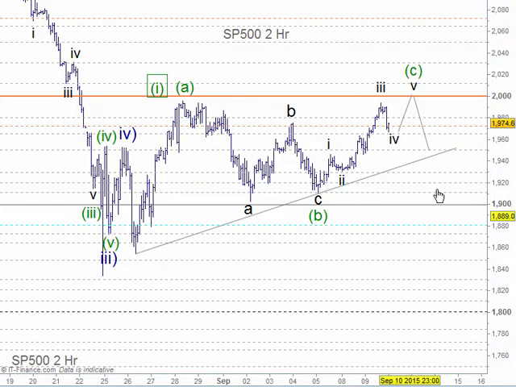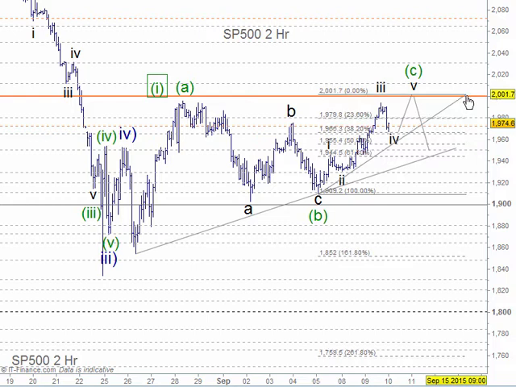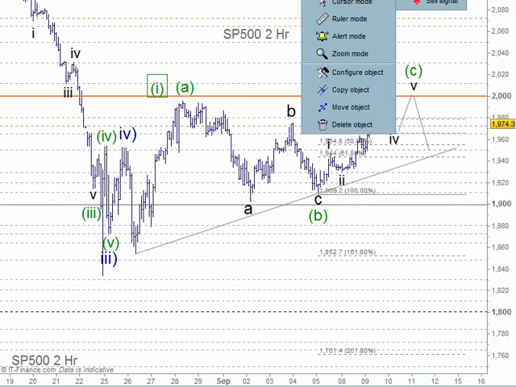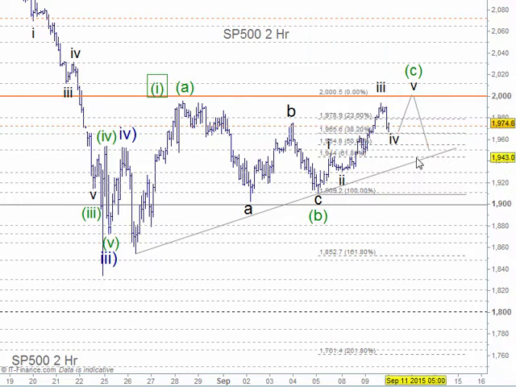So what we need to do is work out that once we've got this 5-wave structure in here, we can see that we have the 61.8 retracement level here on this trend line.